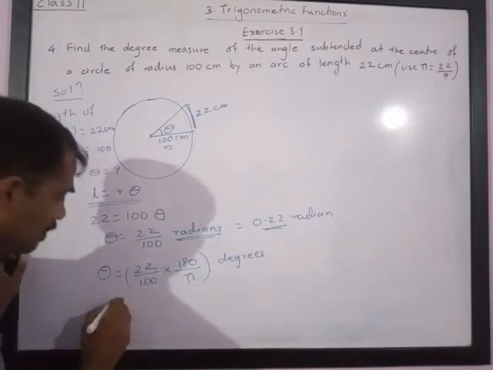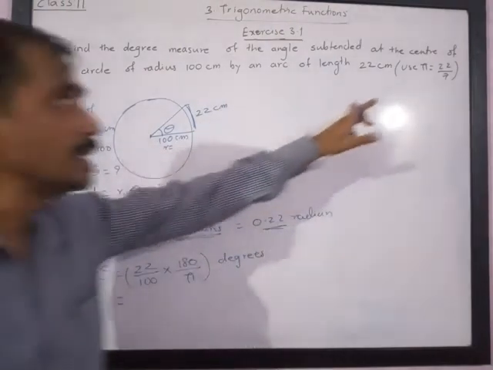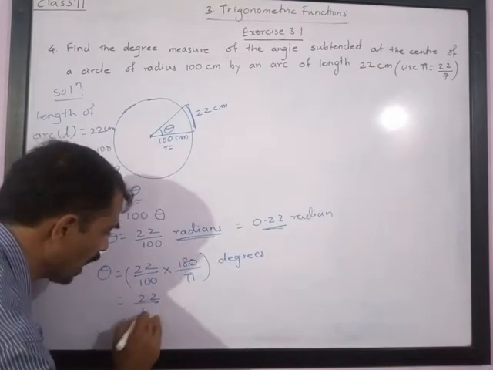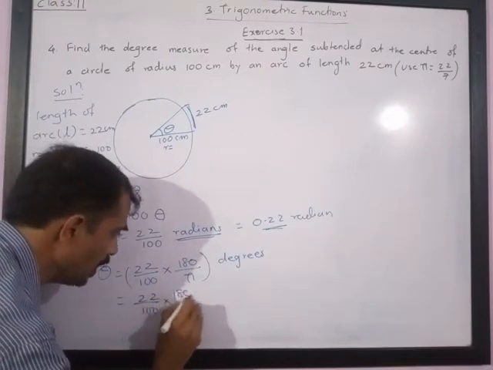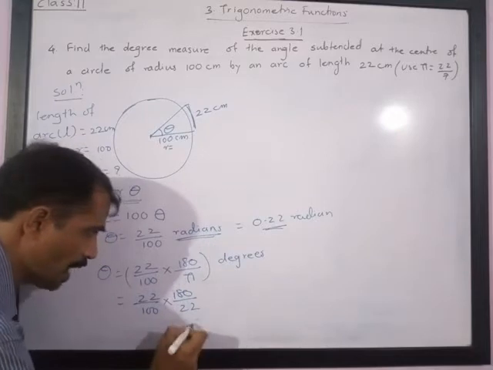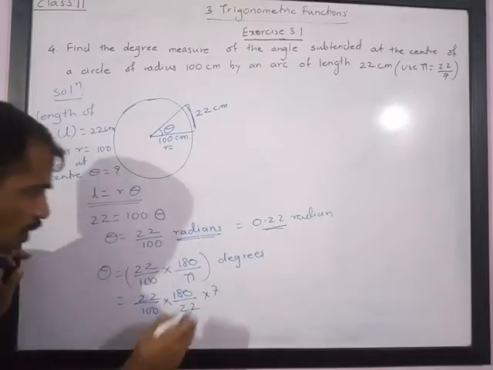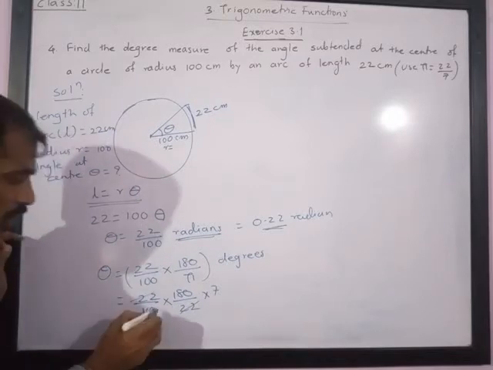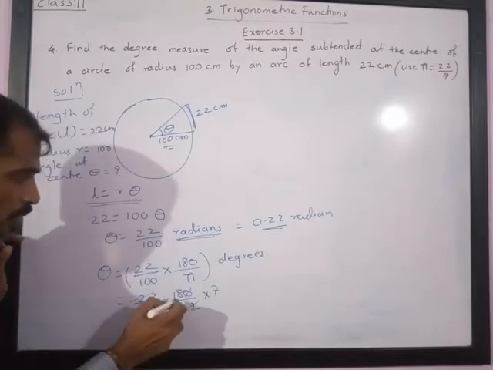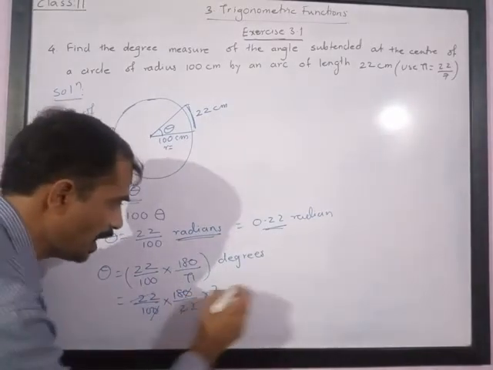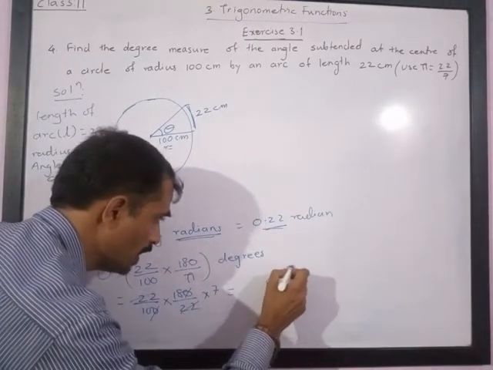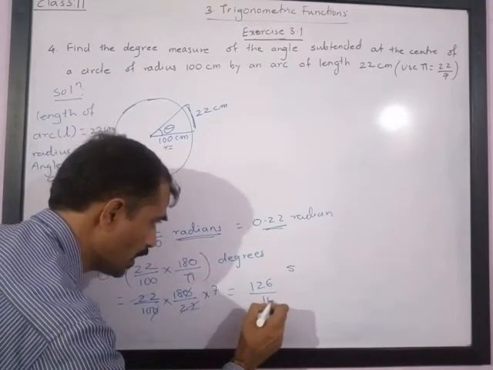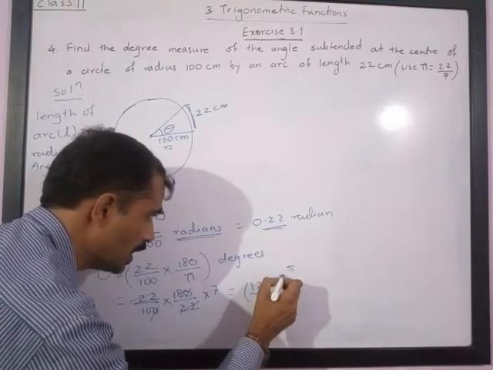We are already given pi is equal to 22 upon 7. So put the value of pi: 22 upon 100 multiplied by 180 upon 22 upon 7, where the 7 goes to the numerator. 22 is reducible by 22 and 0 by 0. So we will get 7 8s are 56, 5 carries, 7 1s are 7 plus 5, 12, so 126 upon 10 degrees.